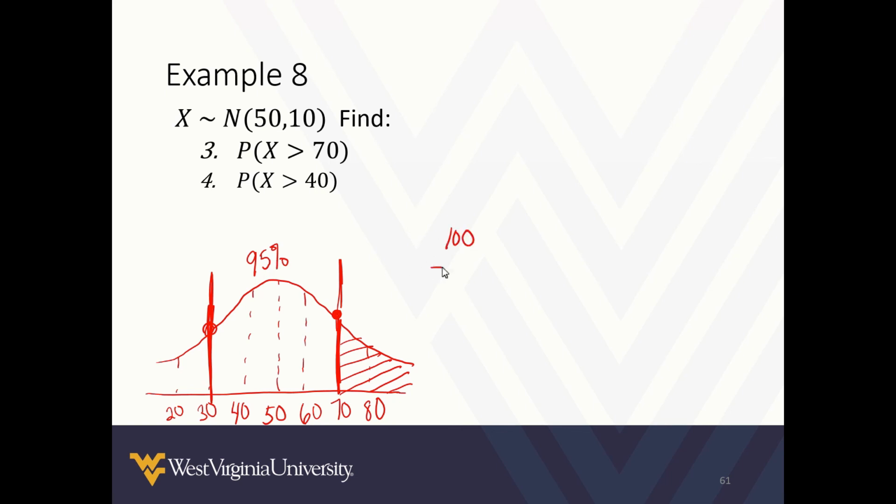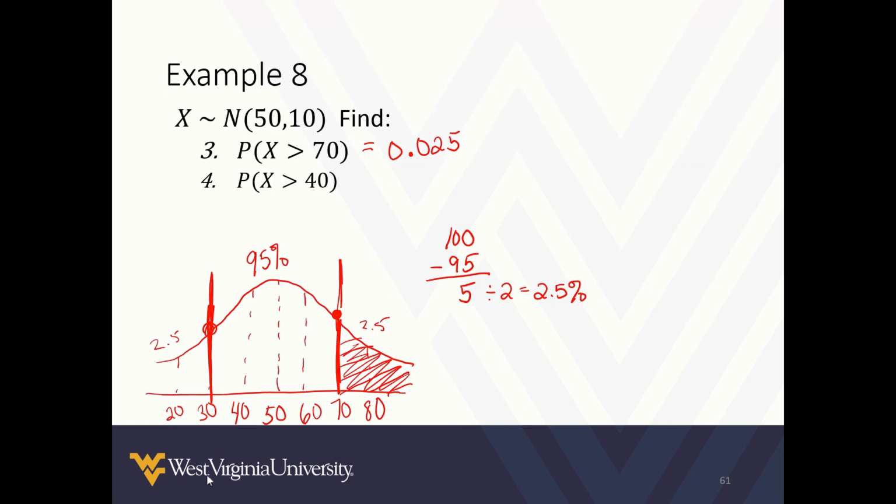So if we subtract 95 from 100, we have 5% to be split between our two tails. Once again, we'll divide by 2, and this will give us 2.5% on each tail. And look at that, that's exactly what we were curious about. So the probability of x being greater than 70 is going to be 0.025. Not bad.